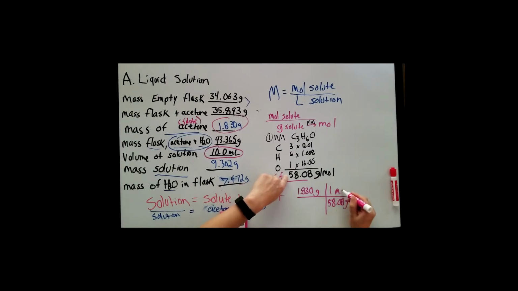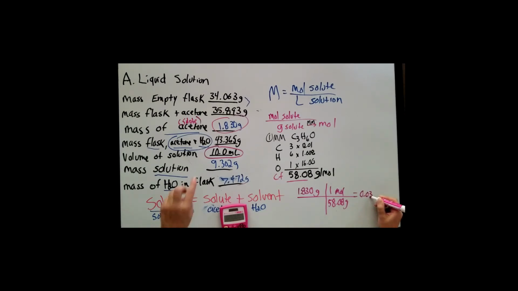And the molar portion can go on top. So I will take 1.83, divide it by 58.08. And I get 0.03, how many sig figs are we looking at? 4? 1, 5, I'm going to round up to a 1.